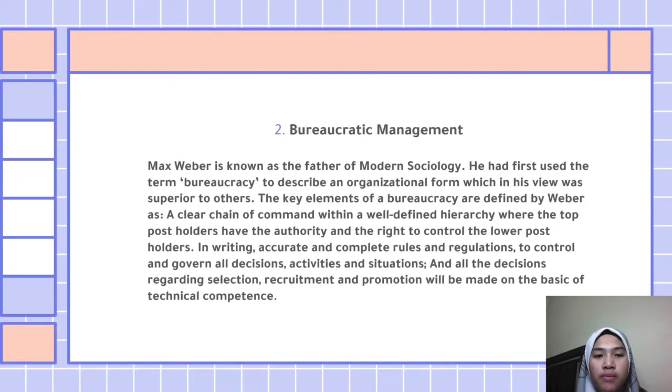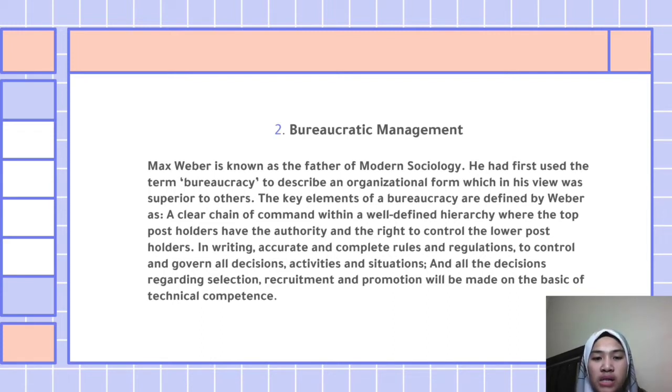Bureaucratic management. Max Weber is known as the father of modern sociology. He first used the term bureaucracy to describe an organizational form which in his view was superior to others. The key elements of bureaucracy, as defined by Max Weber, are a clear chain of command within a well-defined hierarchy where the top post holders have the authority and the right to control the lower post holders.